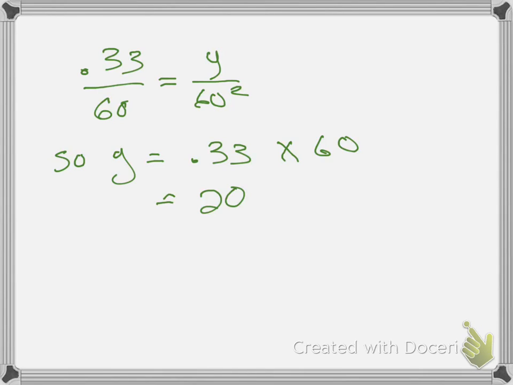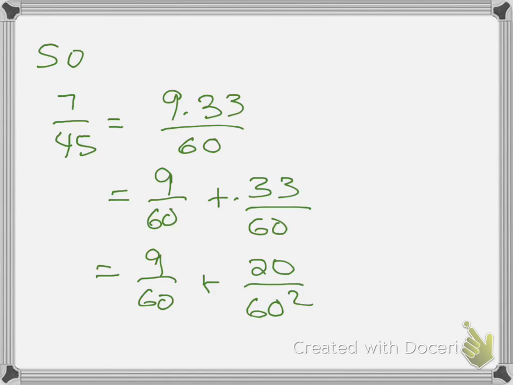So far we have 0.33 over 60, but we want it to be something, let's call it y over 60 squared. So if we multiply both sides by 60 squared and simplify it, we get y is equal to 0.33 times 60, which is 20.